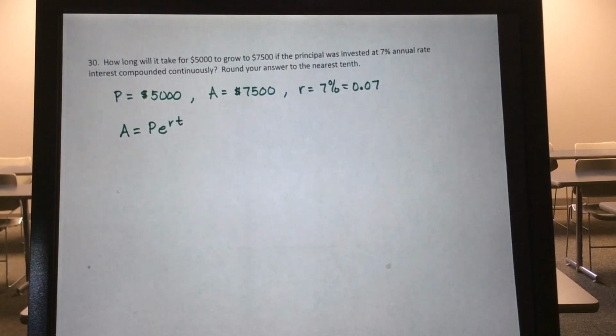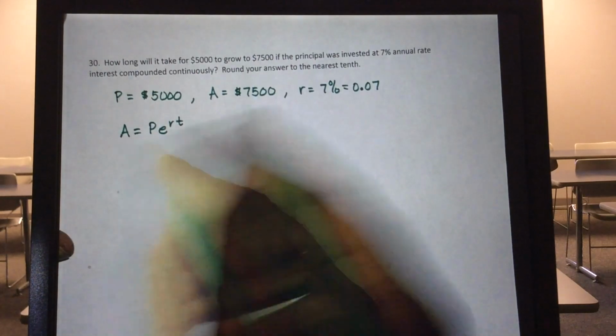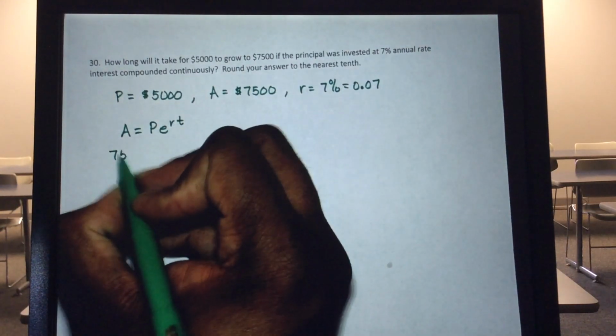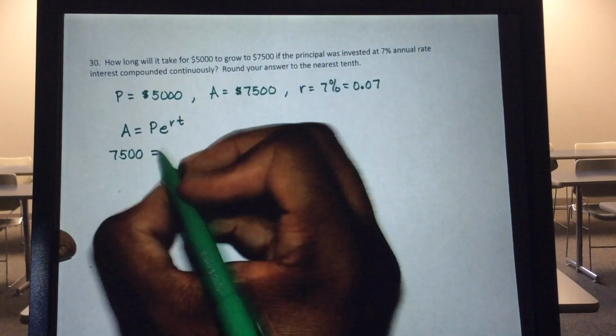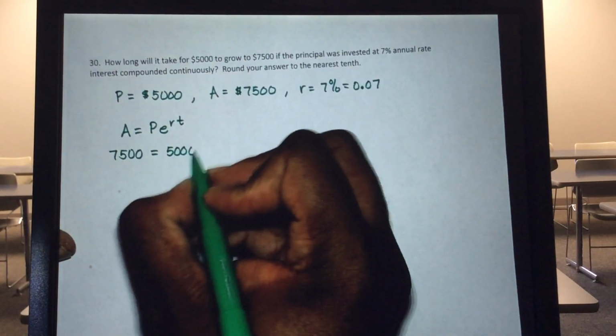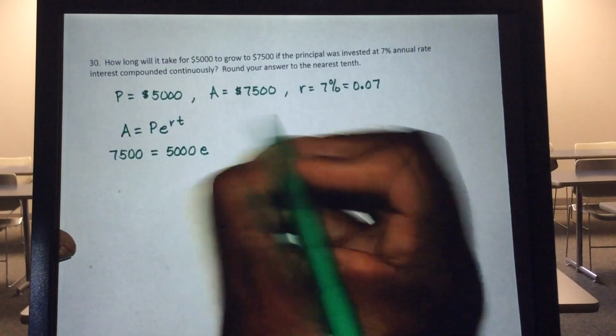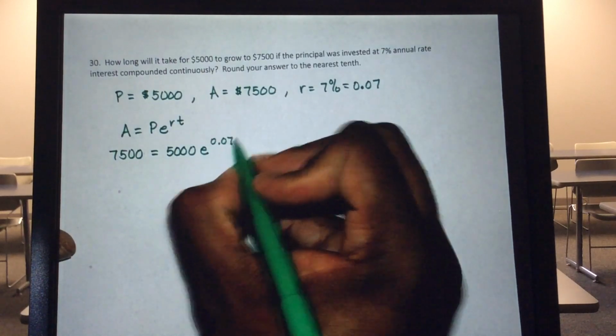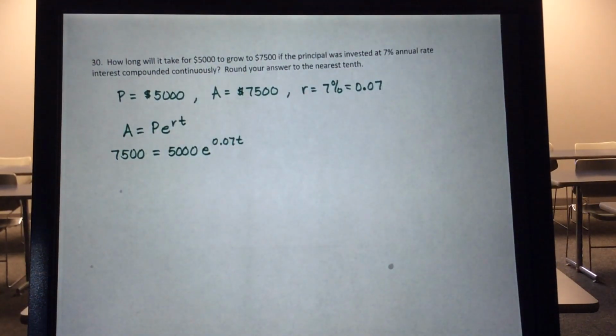Then we substitute the A, the P, and the r in that compound interest formula. So your A is $7,500, and that's equal to P, that'd be 5,000, times e to the 0.07, and then t is what we're trying to find. So this is what your exponential equation looks like.